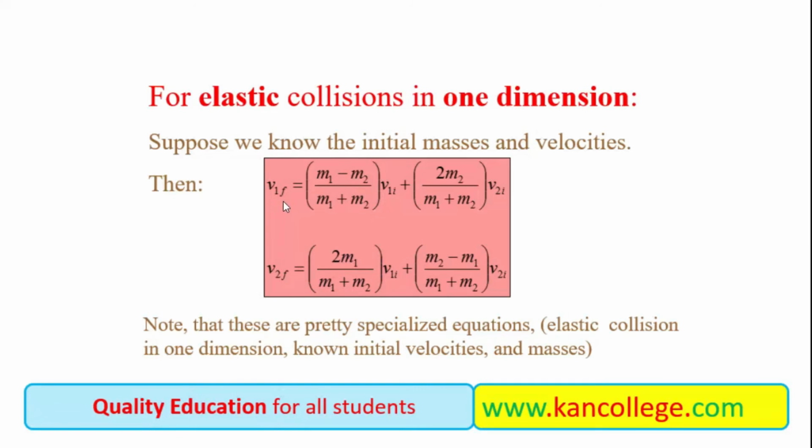And in the case of v2 dash, we will take not m1 minus m2, but m2 minus m1 in the second term. m1 plus m2 is always in the denominator, 2m2 in the first case and 2m1 in the second case. So it's very easy to remember. Always remember these equations for the case of elastic collision and for the purpose of exams.